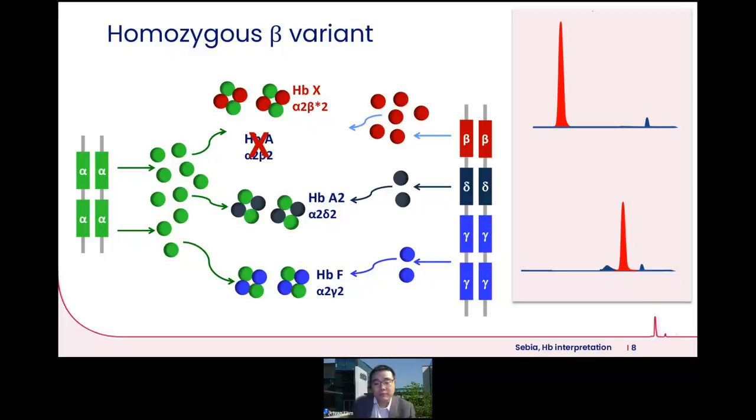What if both of the beta genes are mutated? With the same mutation, of course, you would then see one major variant hemoglobin peak. Okay, and you will not have hemoglobin A because there's no normal beta gene to form the normal hemoglobin A. Once again, the position of this variant peak is dependent on its chemistry, so it can be left or right of that of the normal hemoglobin A. So this is a unique feature about hemoglobin on capillary electrophoresis.